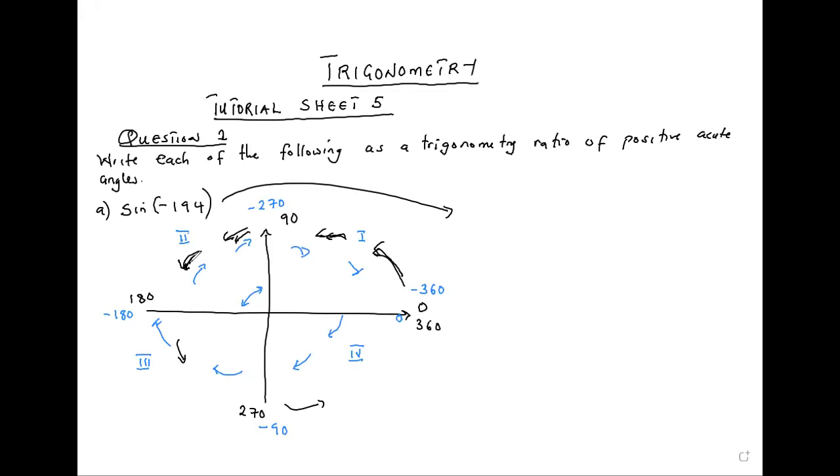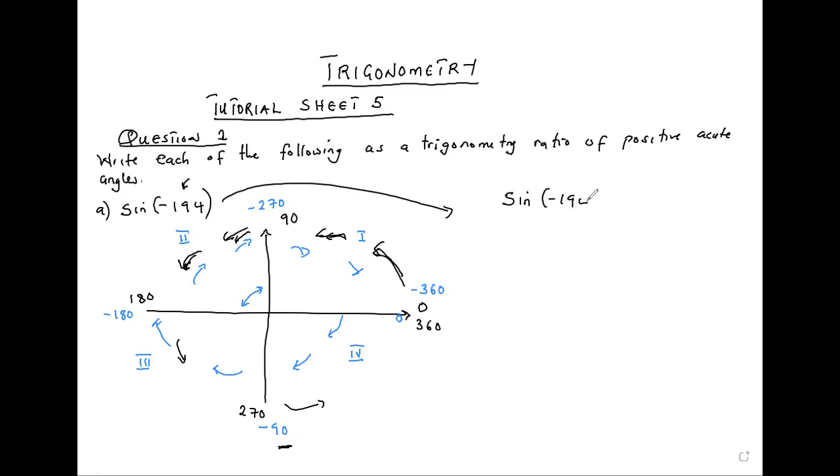If they move in the clockwise direction, then they become negatives. And they maintain the behavior in each quadrant. So now we are talking of this angle here. We say that sine is an odd function.